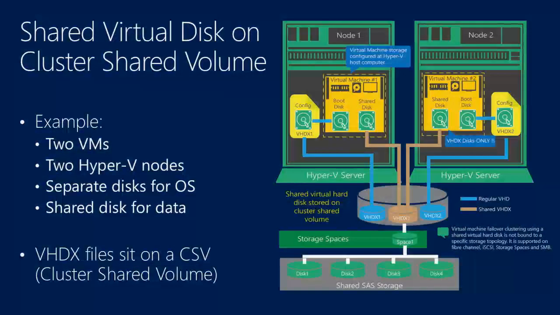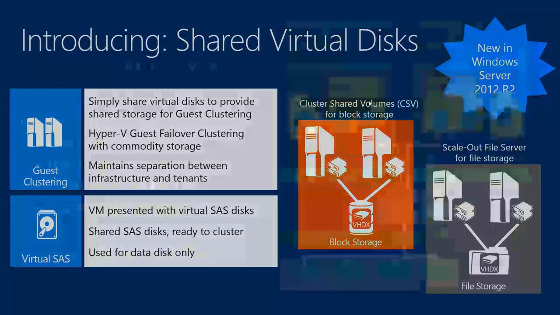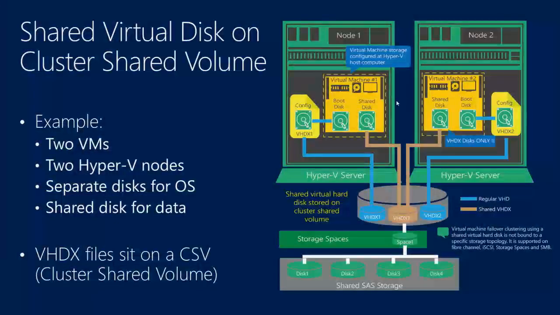So let's take a closer look at the CSV scenario here. This is actually taken from that nice poster that you get with Hyper-V that has all the scenarios. I took a piece of that poster and put it over here, right? What you see here, I have 2 nodes. Inside the 2 nodes, I have 2 virtual machines.